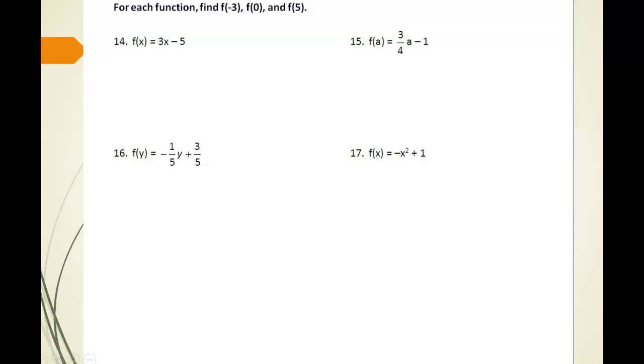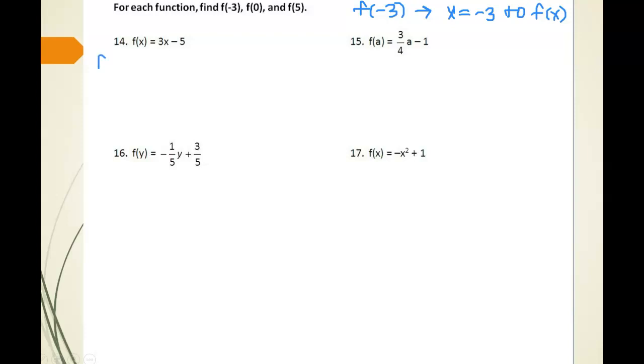So f of -3 is the same as saying, I want you to plug in x equals -3 to f of x.